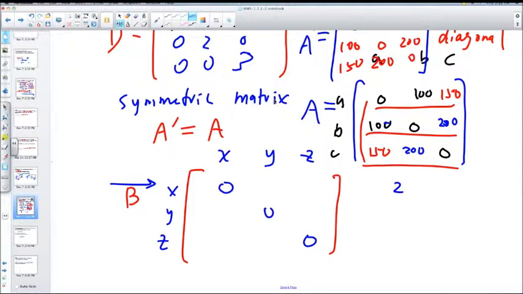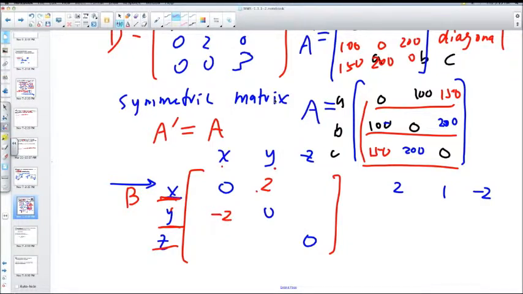If the game is a draw, each team earns 1 point. The team that loses the game loses 2 points. So look at the matrix. This one means team X against team Y. X wins, you read from the row, and X gets 2 points. And then you look at this, Y against X, Y loses. So what does he get? Negative 2 points.